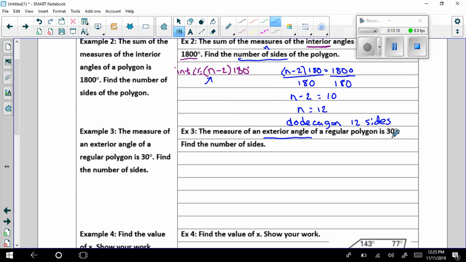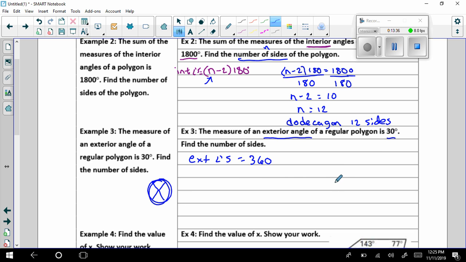The measure of an exterior angle of a regular polygon is 30. Find the number of sides. So exterior angles are cool because no matter what, we can take those angles and reduce them down into a circle. And every circle has 360 degrees. So the exterior angles, no matter what shape, are always 360.